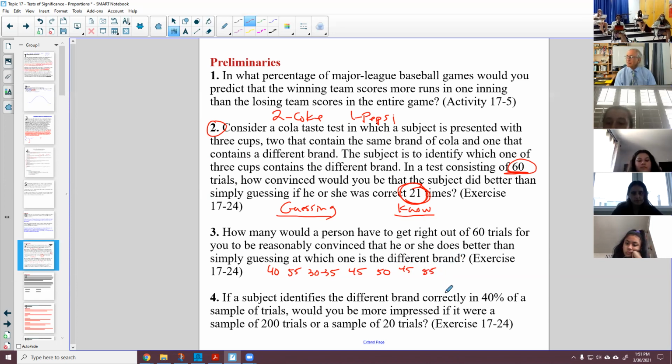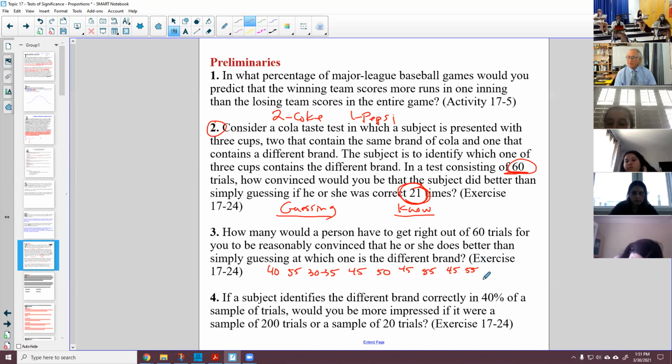Reina? I would say probably about 45. Okay, Juliana? I agree with Caitlin and Brooklyn. I think 55. Boy, you guys are really brutal.